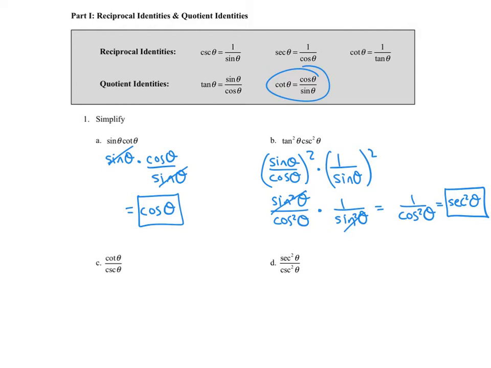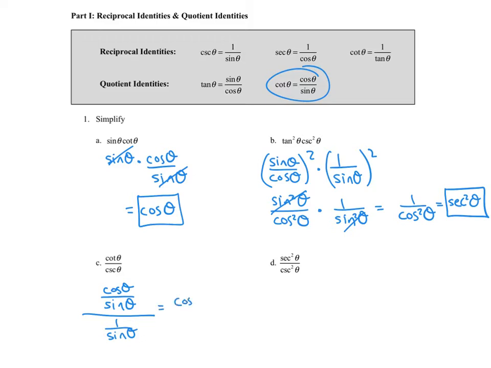Okay, next one we have cotangent theta, which we rewrite as cosine theta over sine theta. And it is divided by cosecant theta, which is 1 over sine theta. And remember, when you divide by a fraction, you multiply by the reciprocal.